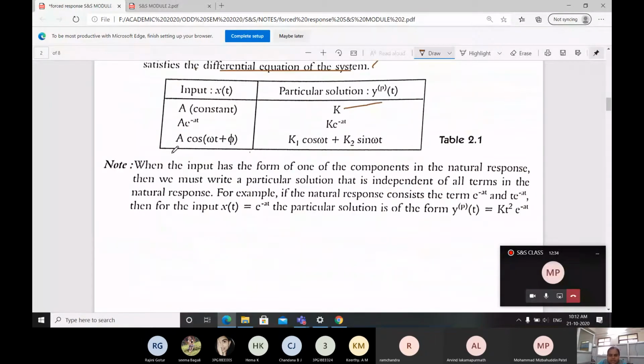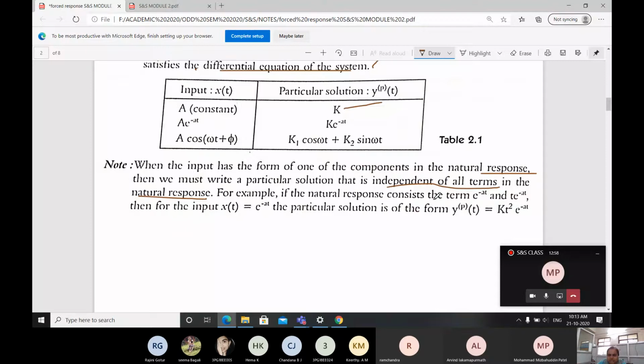Here a small note: when the input has the form of one of the components in the natural response, then we must write the particular solution so that it is independent of all the terms in the natural response. How is it taken?